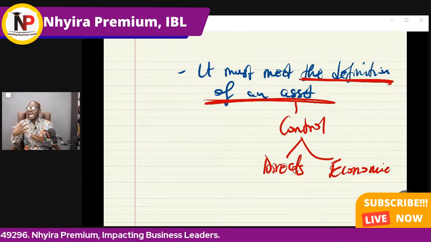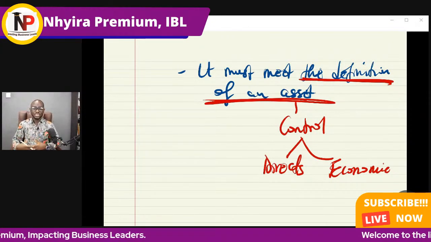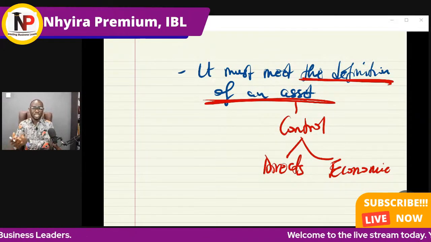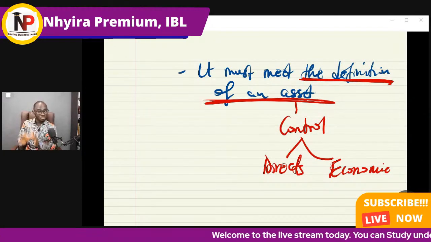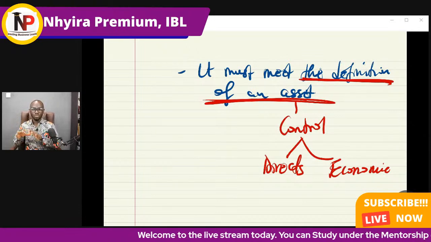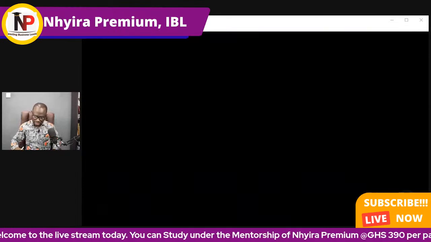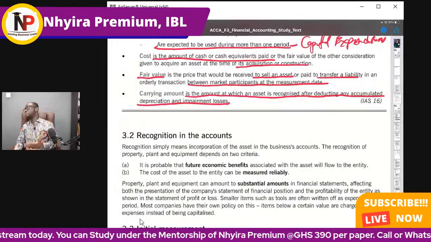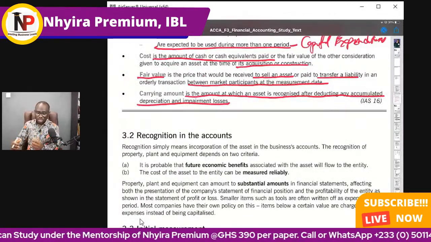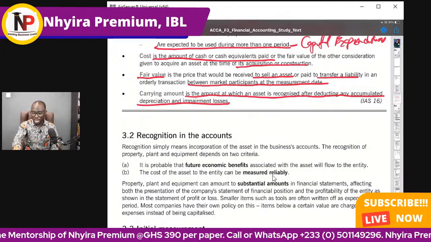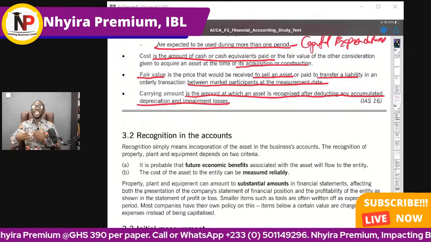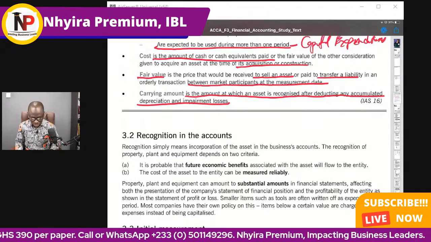So before an item can be recognized as an asset in our financial statements as an organization, it should meet the definition of an asset. After that, IAS 16 went ahead to provide us with two other things that we need to know about in order for us to incorporate it into the financial statements.